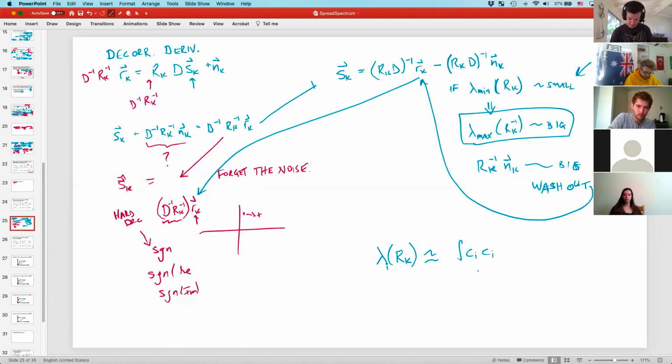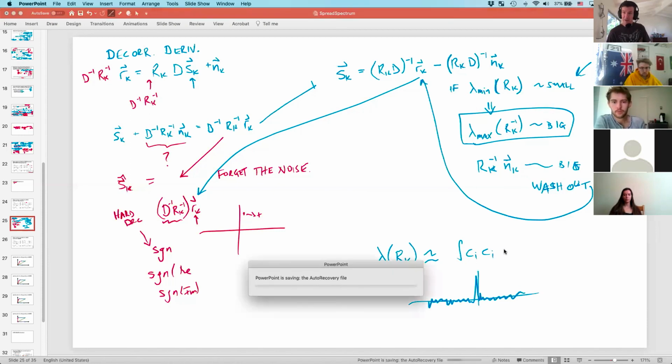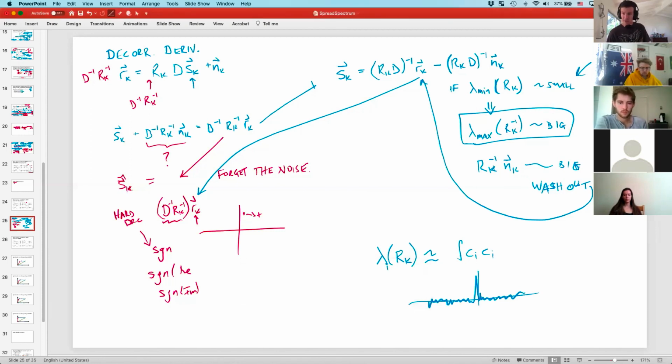This is the idea that your chipping sequence ought to have a nice strong peak at 0. But if anyone's chipping sequence is out of sync, then this peak is going to diminish, and so we're going to get a small eigenvalue. So this can happen if your chipping sequence is out of sync.